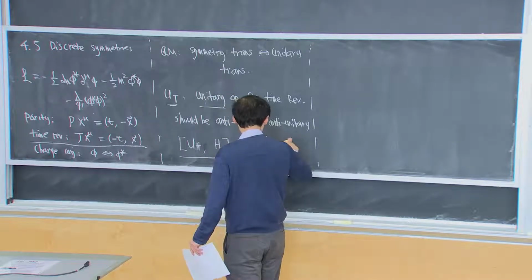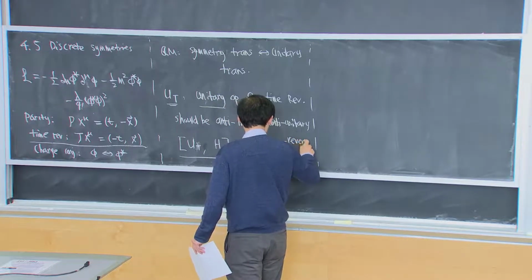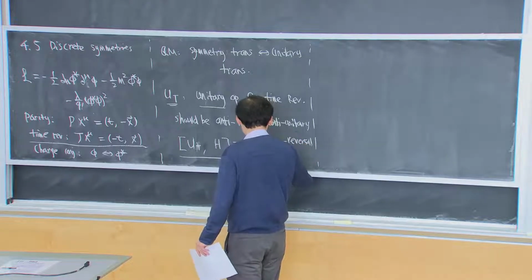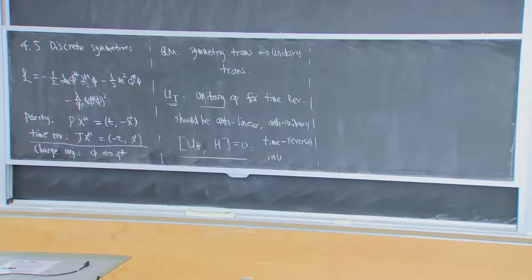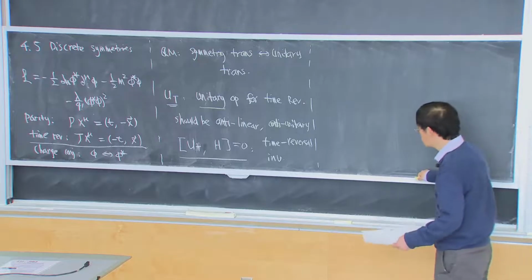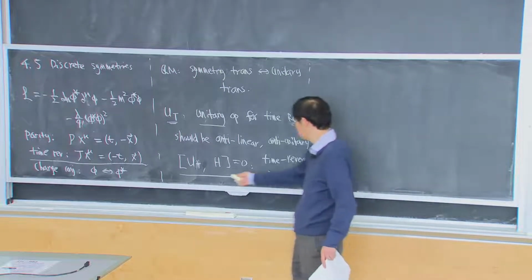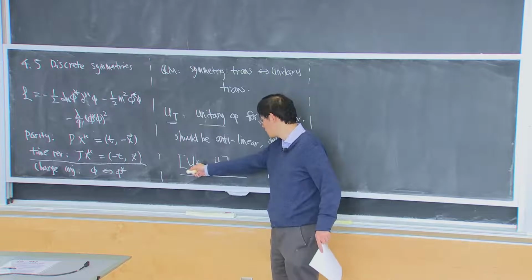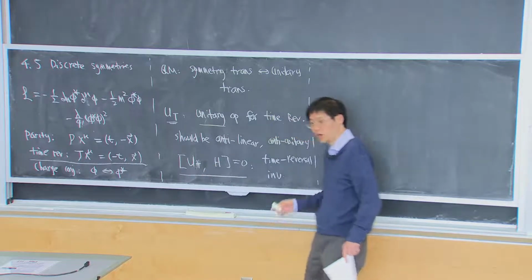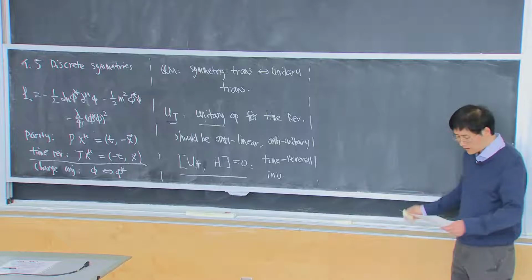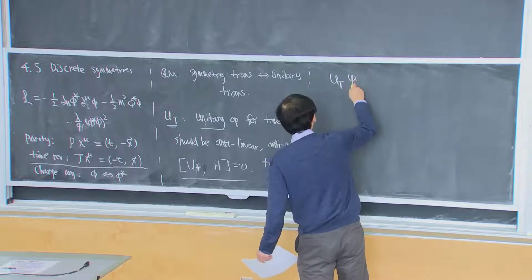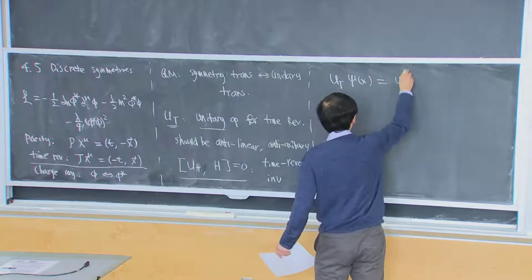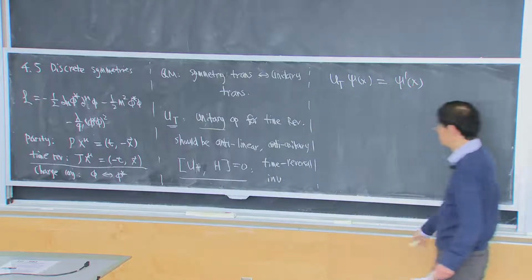Here I'm just talking about quantum mechanics. Let's not even worry about the field theory. So suppose we have a time reversal invariant system, in which the time reversal operator commutes with your Hamiltonian. Let's act this U_T on the wave function, and you get some psi prime.